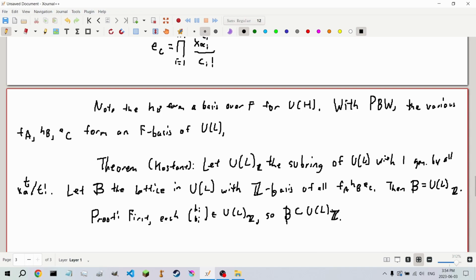We can reduce our case down to our monomials, and we're going to use induction on the height of our monomials.